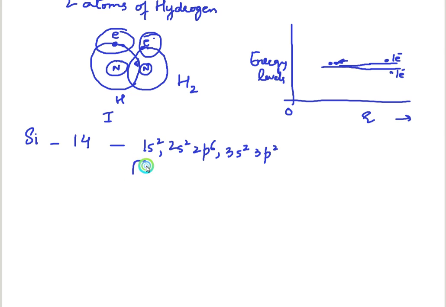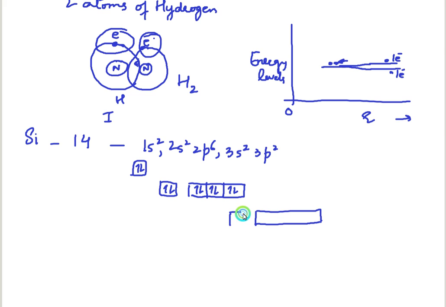So that is 1s2, then 2s2, 2p6, and then 3s2 and 3p2.